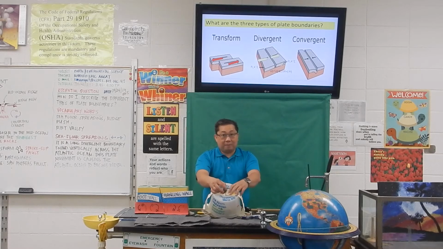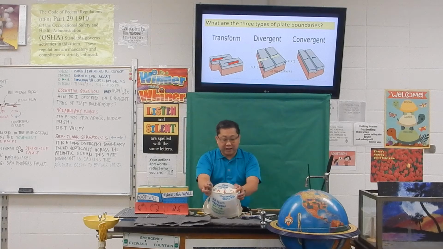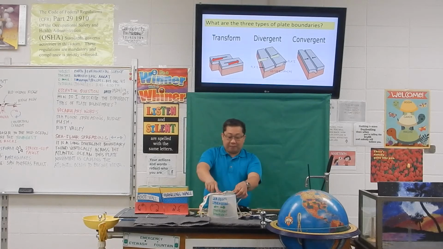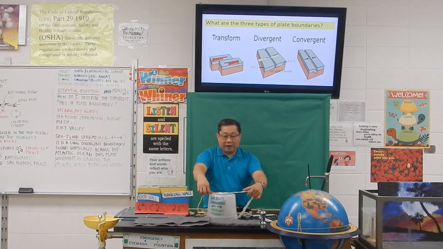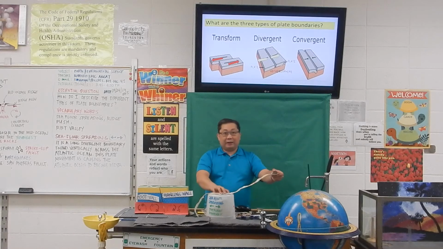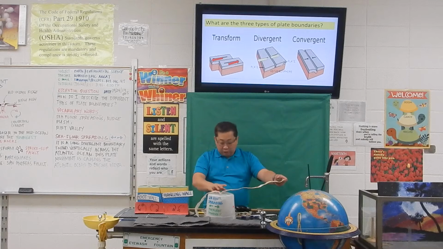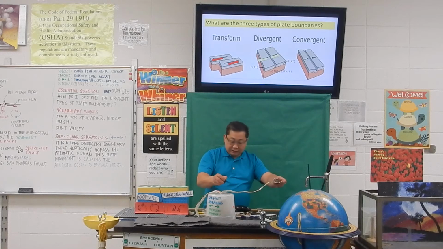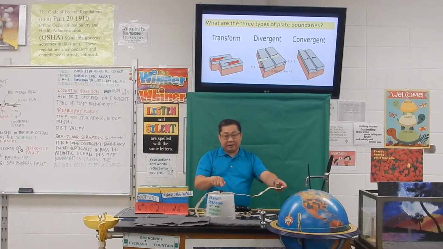But as the magma rises, it pushes both sides in opposite directions, which we call the ridge push. As the plates move farther away, the rock at the end is considered the oldest rock, and the ones in the mid-ocean ridge are considered the youngest rocks.